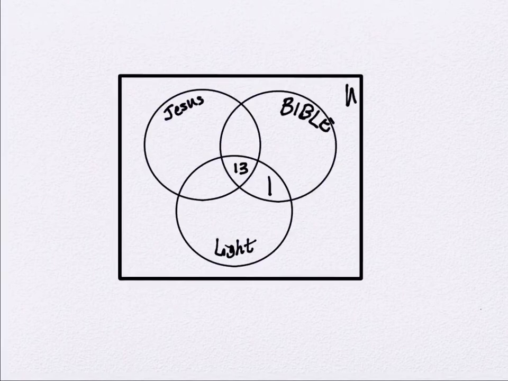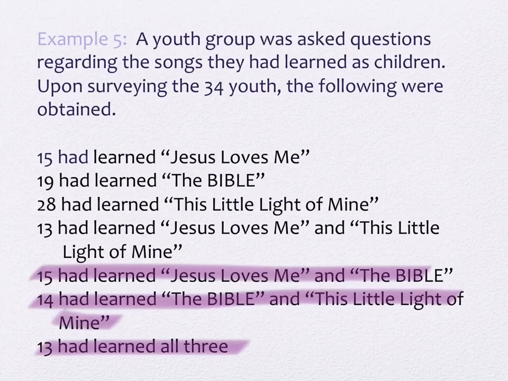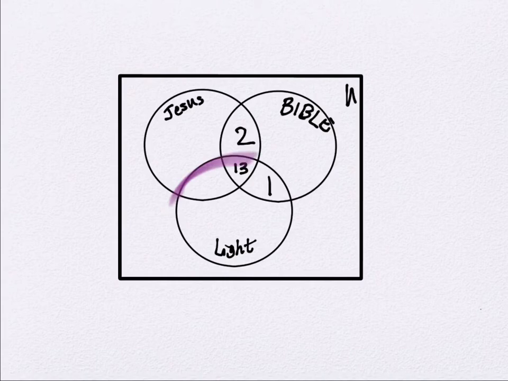So Jesus Loves Me and the Bible are here. And it's supposed to be 15. So I need 2 in this top cross section. And the third one where it combines 2 pieces is 13 had learned Jesus Loves Me and This Little Light of Mine. So that's this piece.